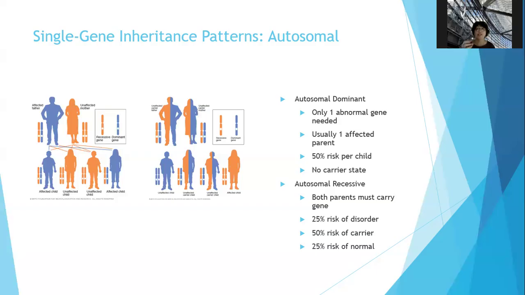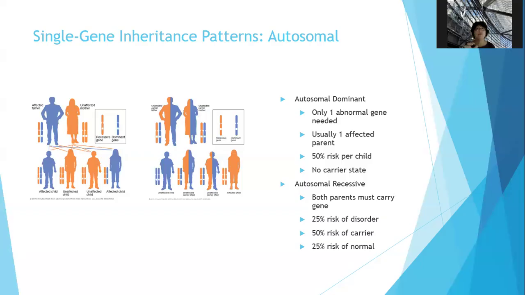And each pregnancy has a 25% risk of having the disorder, 50% risk of being a carrier, and a 25% risk of not having the disorder. So basically, an autosomal dominant is always expressed, and an autosomal recessive is only expressed 25% of the time.